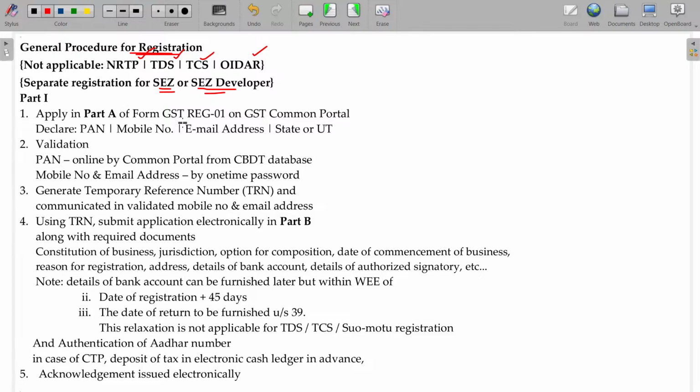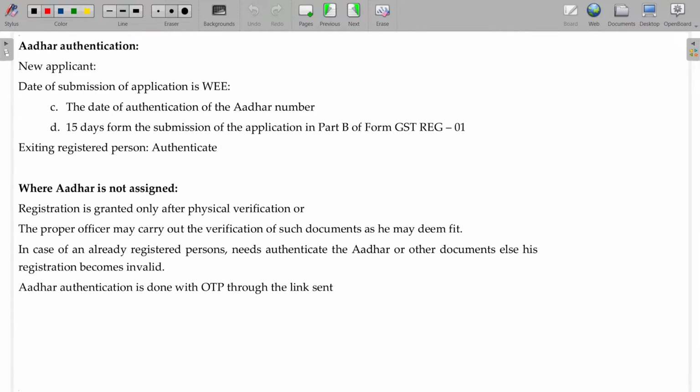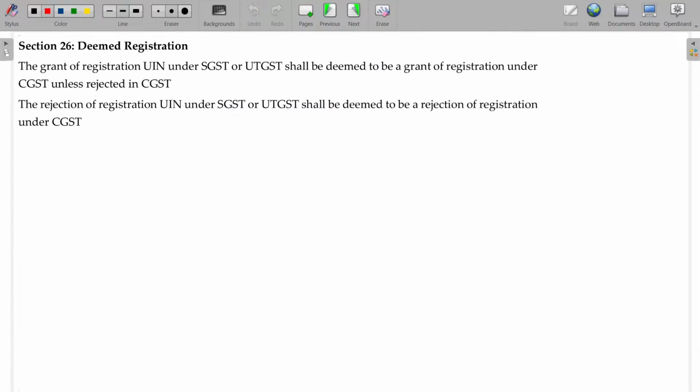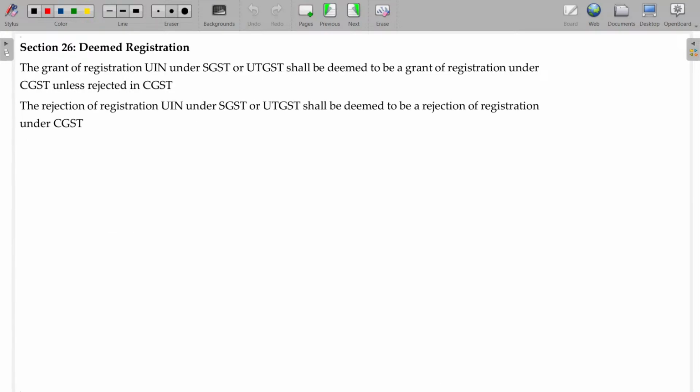GST REG 1 is the form for the application, and then you will get the registration certificate automatically in GST REG 6.